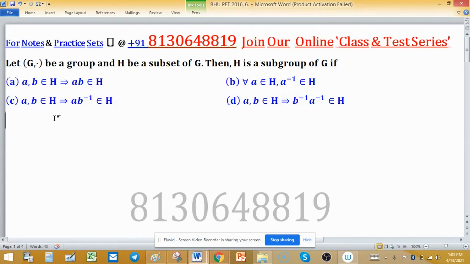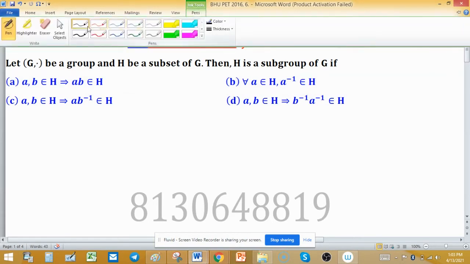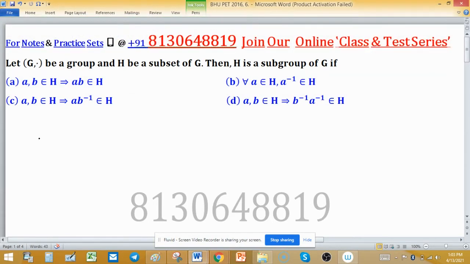But why do the other options fail? You should know these. If we are picking any two elements, then all four properties must be satisfied for a group: closure, associative, identity, and inverse. If a star or any other operation is given as a binary operation, there is no need to check the closure property, because we call it a binary operation whenever it satisfies closure, otherwise not.